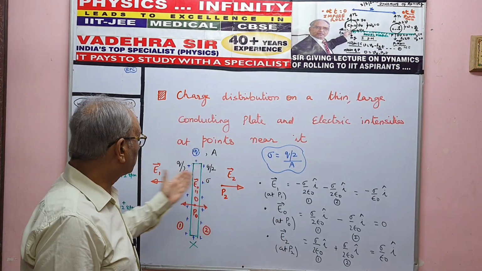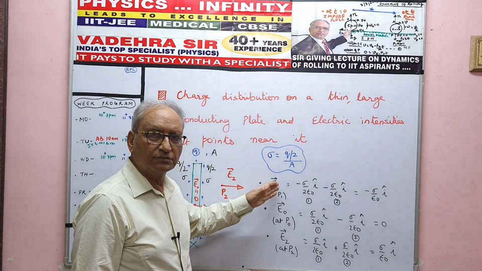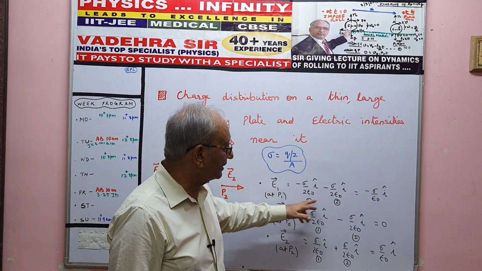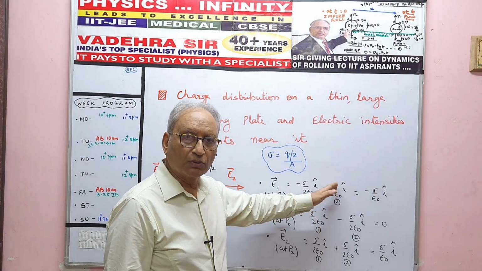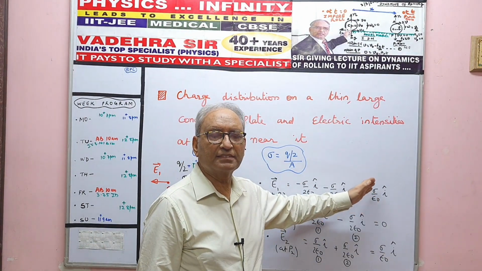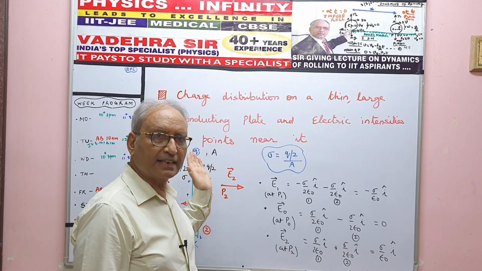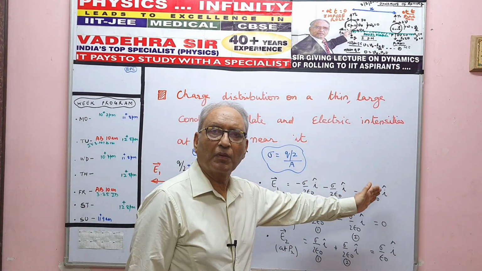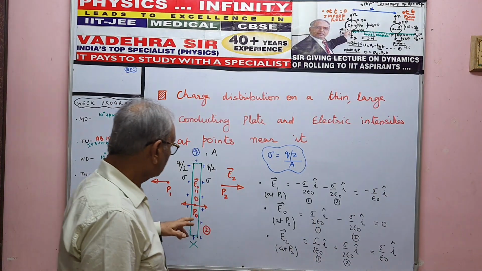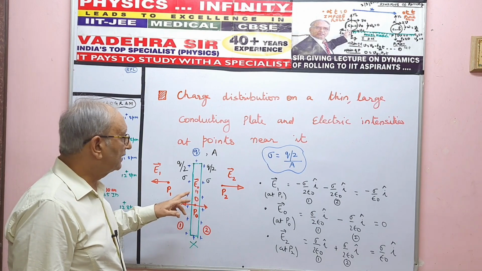Anyway, sigma is plus on both the sides. So at P1, I have the contribution from face 1 and from face 2, and both contributions are to the left. I get the resultant field, minus sigma upon epsilon naught I cap, towards the minus x-axis, that is minus I cap.